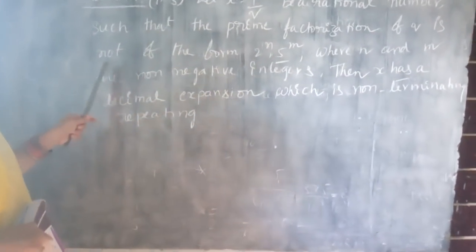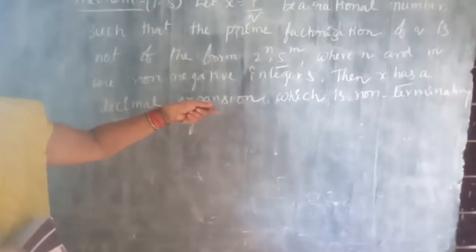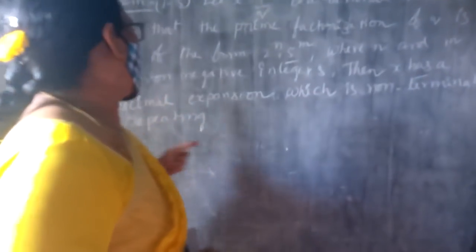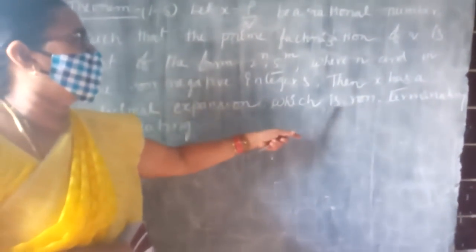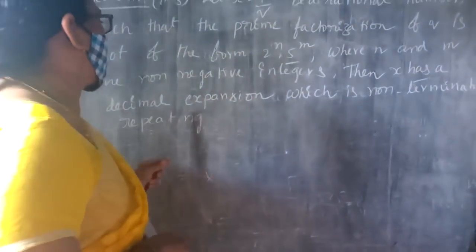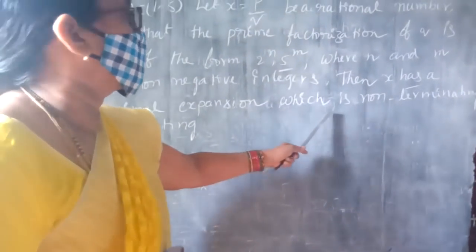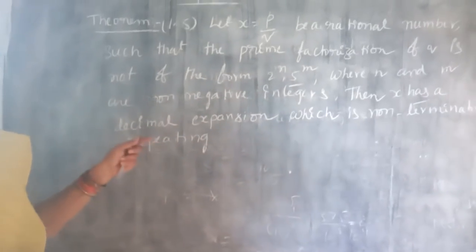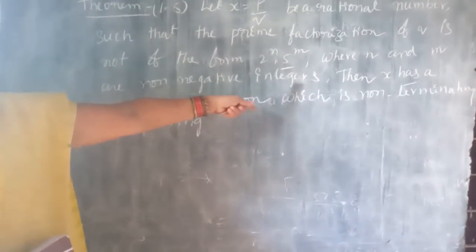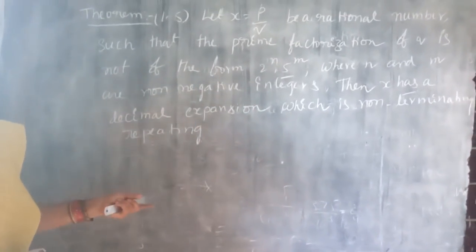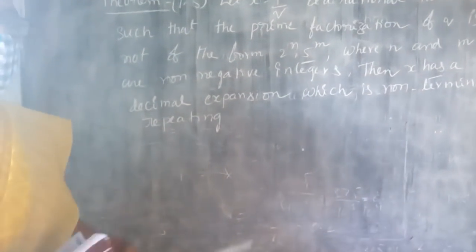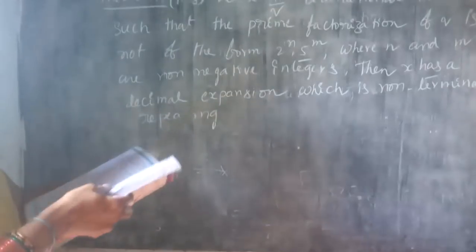In this theorem, it is not in the form of 2 power n, 5 power m, where n and m are non-negative integers. Then x has a decimal expansion which is non-terminating repeating. There, in the form of 2 power n, 5 power m, what happens? That is a terminating decimal. Here, it is a non-terminating repeating decimal.